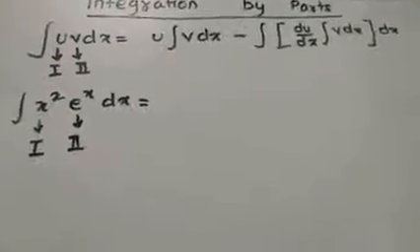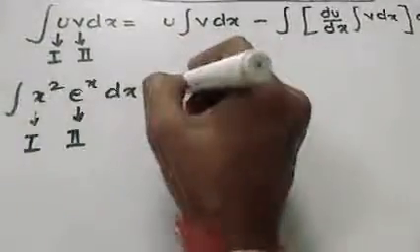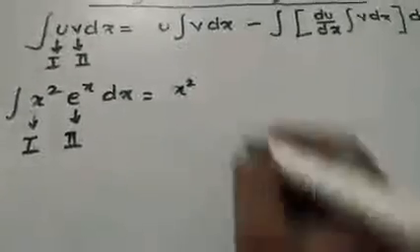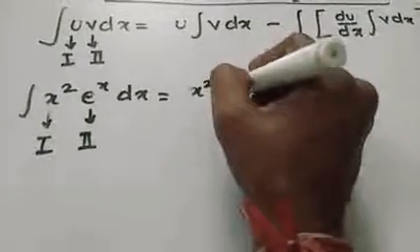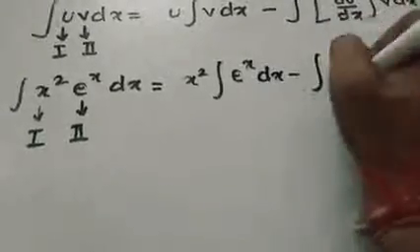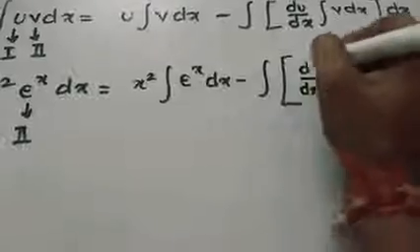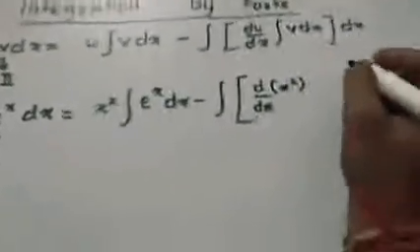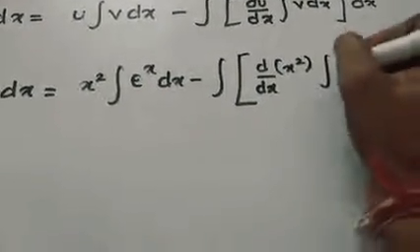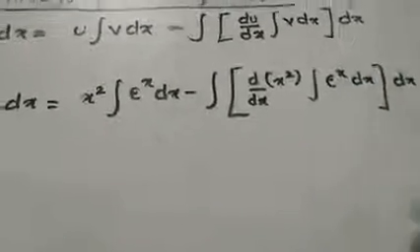Now using the ILATE rule, that integration by parts rule: first function, integration of second function, minus integration of the derivative of the first function times the integration of the second function, dx.